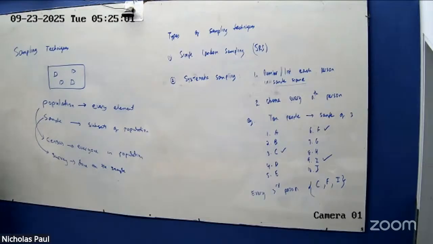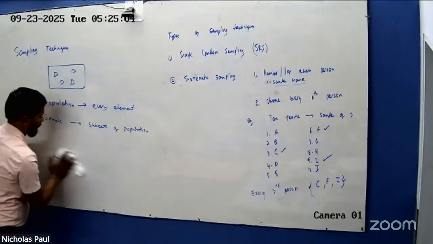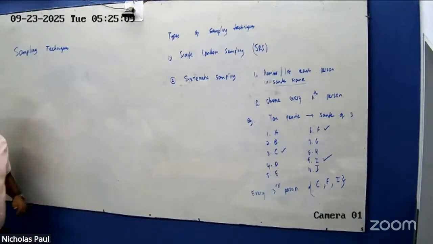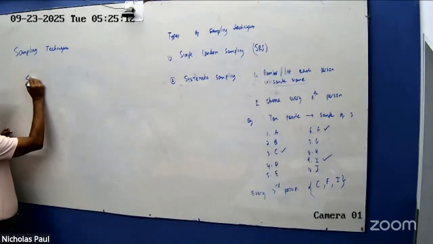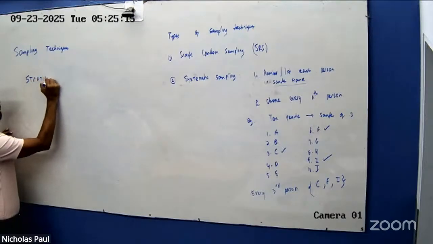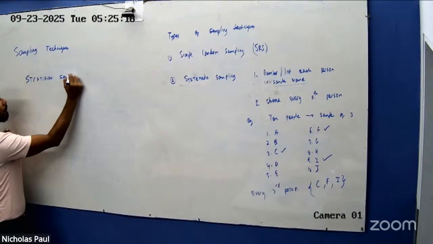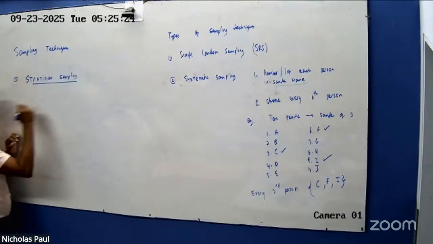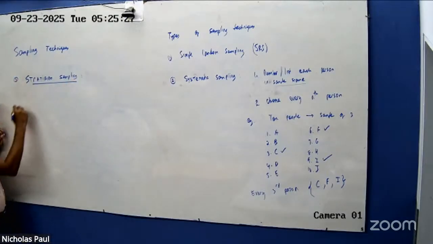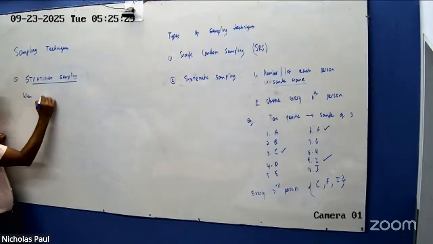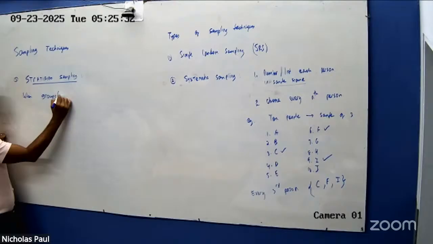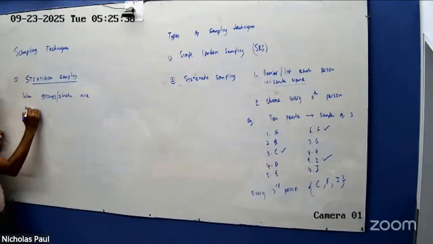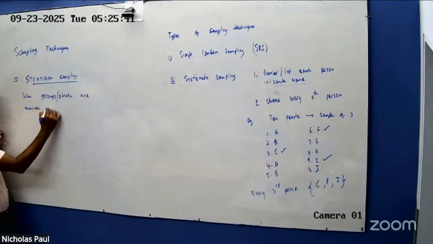Right. So the next one, very, very popular. Stratified sampling. It's the most popular one, right? So when do we use stratified sampling? Well, when groups or strata are available, right?